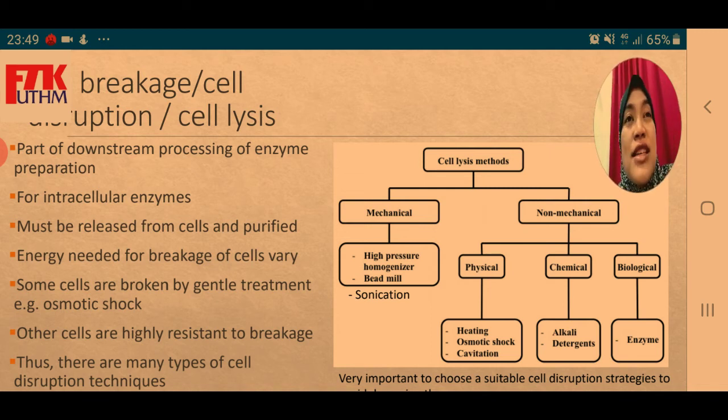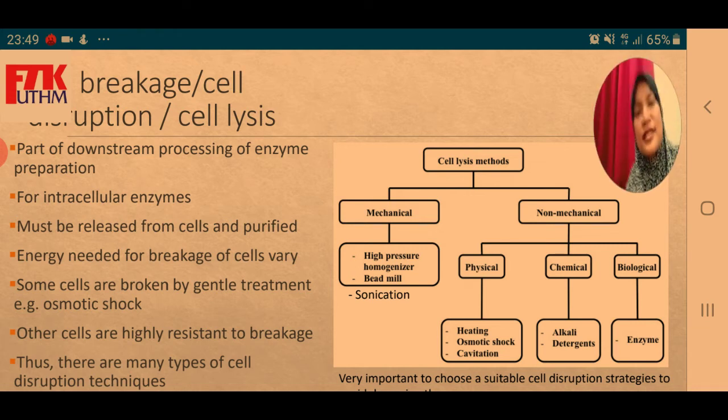Some gram-positive bacteria, as well as some animal cells. Other cells are more resistant. So what are the examples of the resistant cells? There are the gram-negative bacteria, as well as the yeast and the fungi.